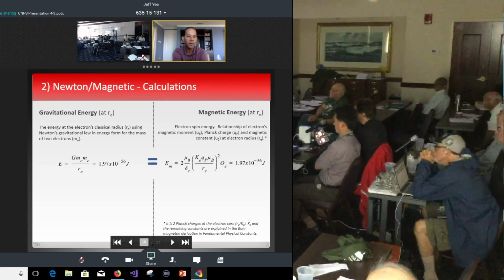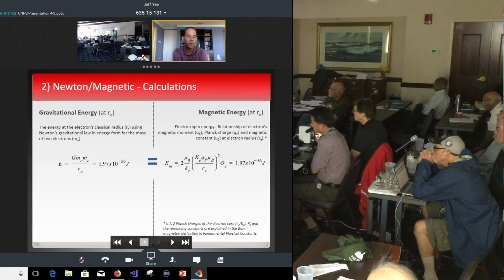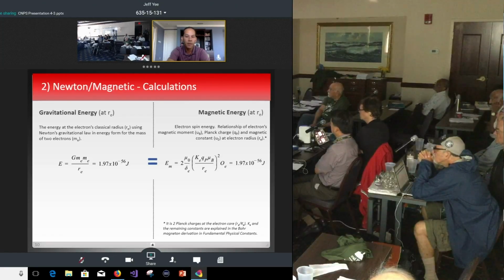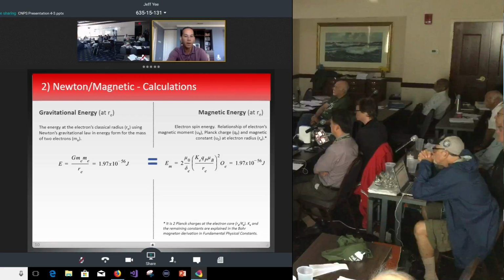If you take a single electron at the electron's radius, and that's what you see on the left-hand side, we're going to do that for energy form, not for force. You see a very small amount, 1.9 times 10 to the minus 56 joules, very small amount of energy. What happens to be the magnetic energy, you can see the magnetic constant, the Planck charge, and 4 magneton in here. There's a couple of other constants that come from energy wave theory in here.